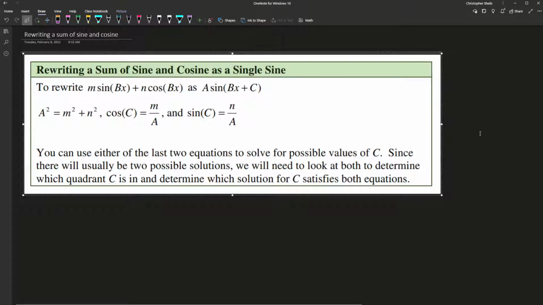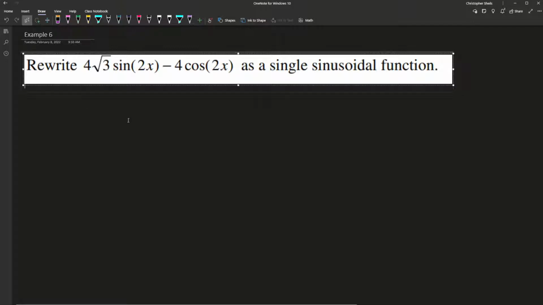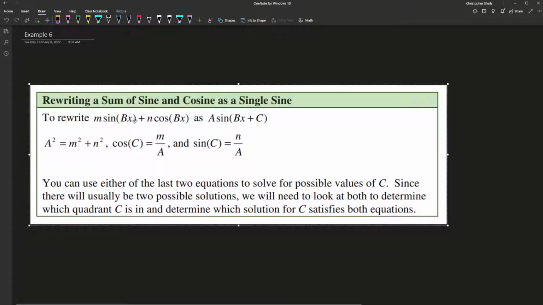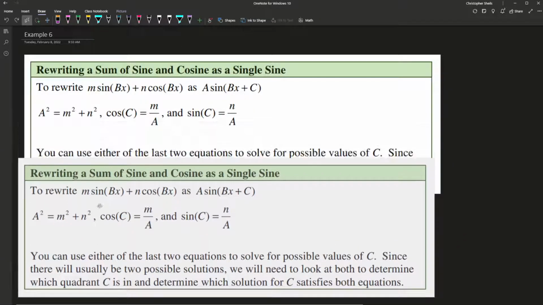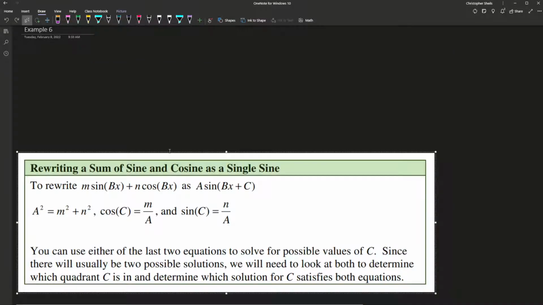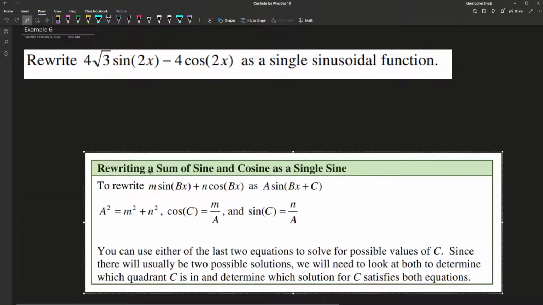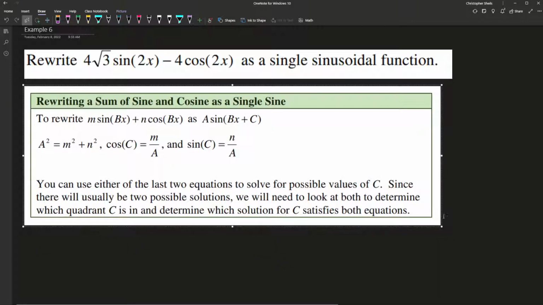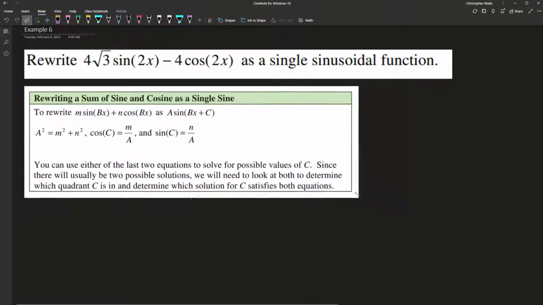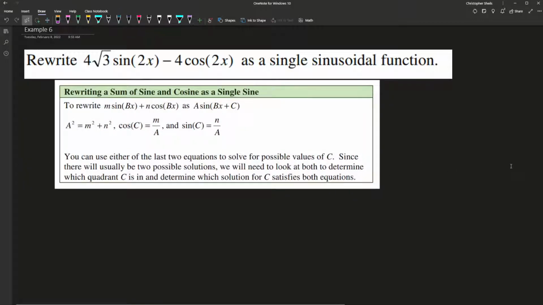So I'm going to carry this with us to this example. There we go. I had accidentally pasted over the example there. We want to rewrite 4 square root of 3 sine of 2x minus 4 cosine of 2x as a single sinusoidal function. So I have some m times sine of bx plus n times cosine of bx.